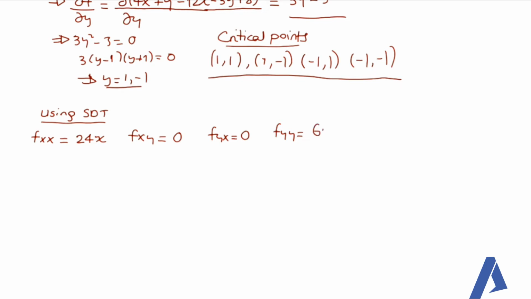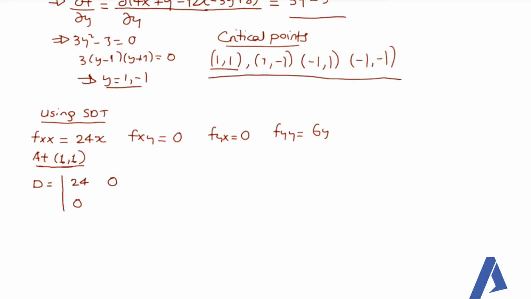is equal to 6y ማለት ነው። ስለዚህ at each point evaluate እናደርጋቸዋለን። ስለዚህ let's take the first critical point. Let's take this one. ስለዚህ our determinant of the matrix, the second partial derivative, is 24 times 1, which is 24.